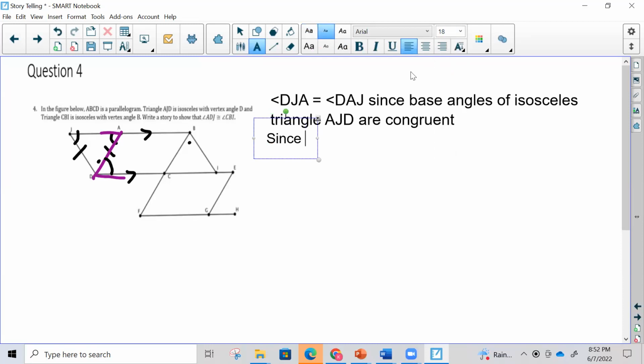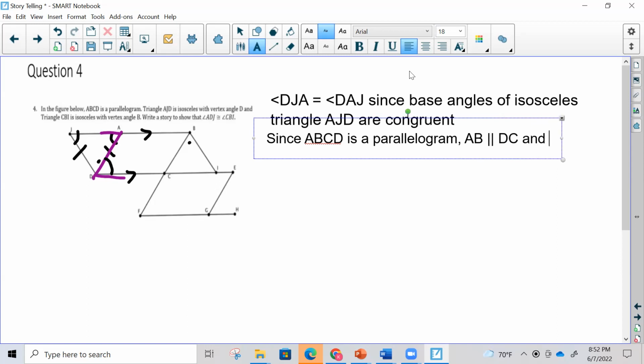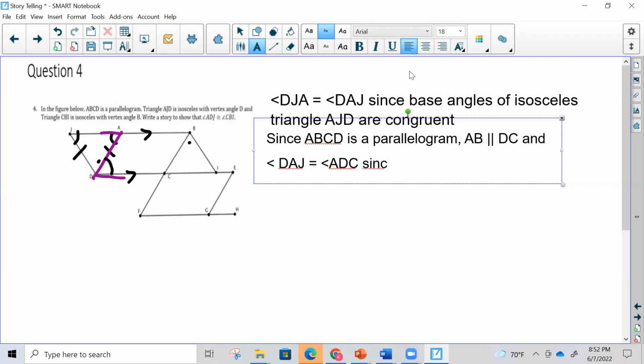So since ABCD is a parallelogram, AB is parallel to DC, and angle DAJ is congruent to angle ADC since they are alternate interior angles.